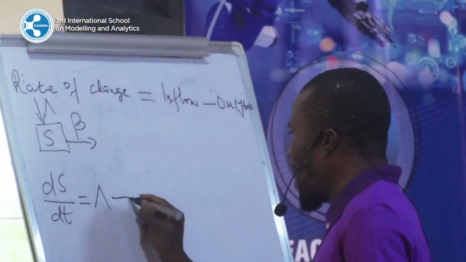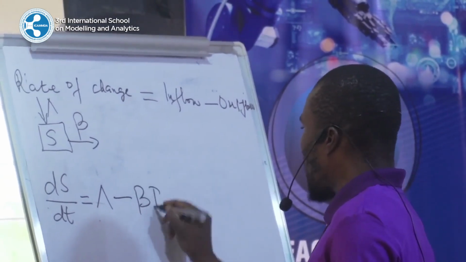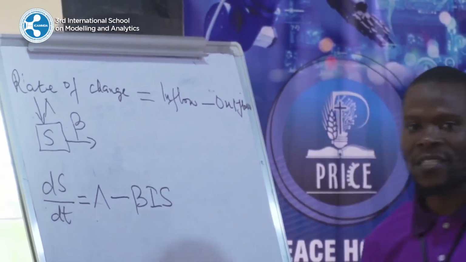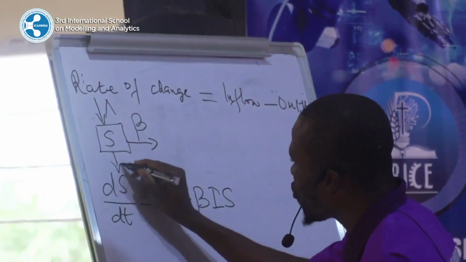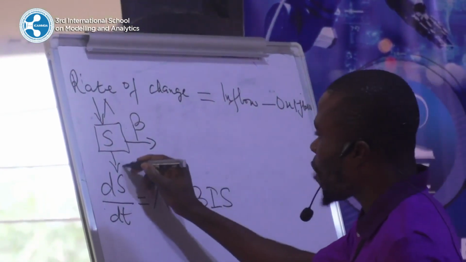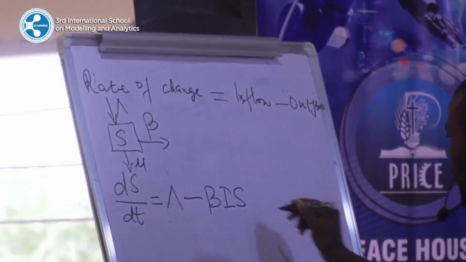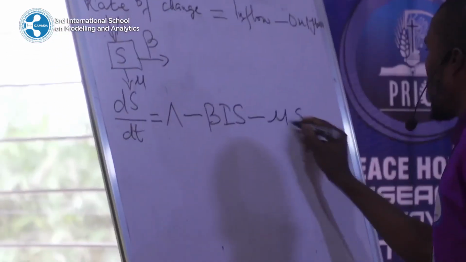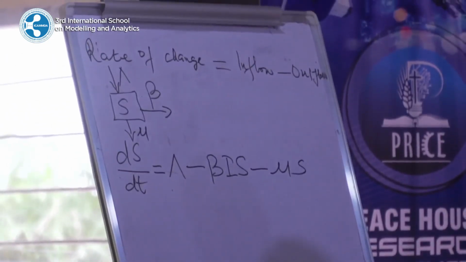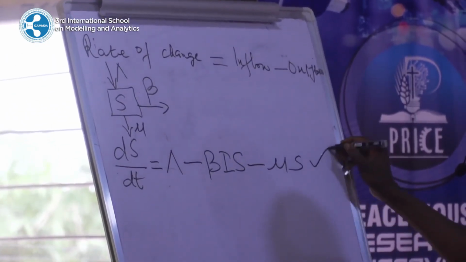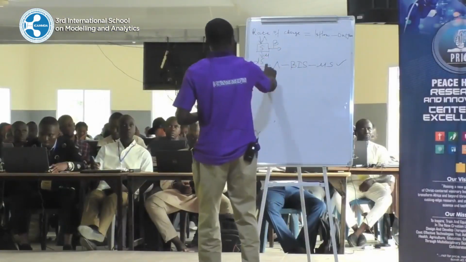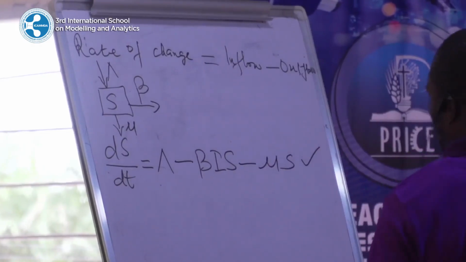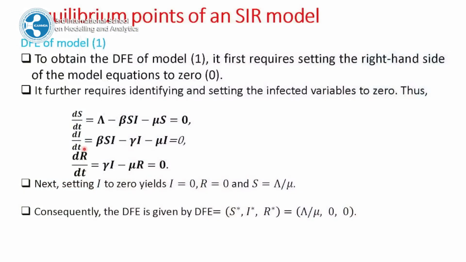So we have minus beta times I times S. Then we have also included the natural death rate, which also takes people out of that compartment. So we also have minus mu S. Is that clear? So we are able to derive the ordinary differential equation that governs the dynamics of susceptible individuals over time.